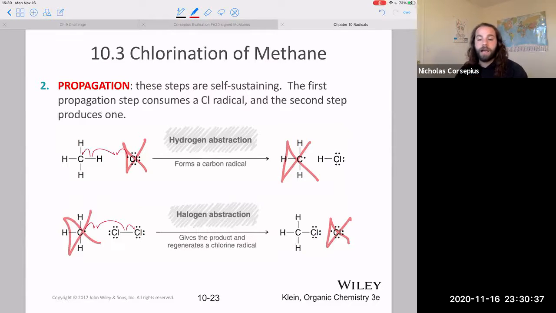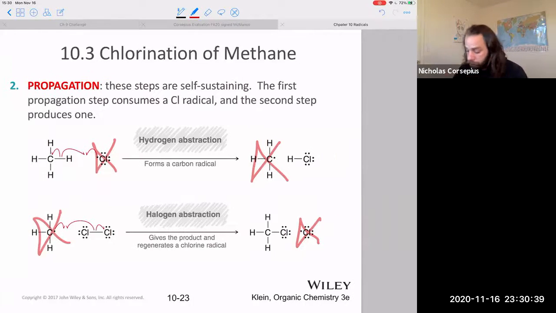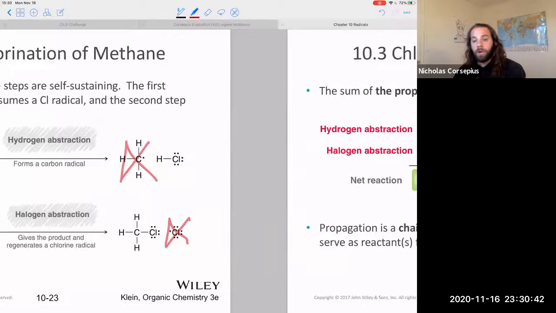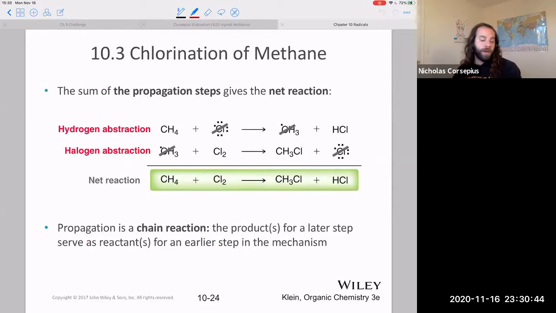By crossing these out, I get the net balanced chemical equation, which is that methane reacts with chlorine gas to form methyl chloride, the alkyl halide, as well as HCl. If you need to do the mechanism, of course, you've got to consider all those steps. But when you're writing a balanced chemical equation, you get to cancel stuff that's on both sides. So this would be the net reaction.